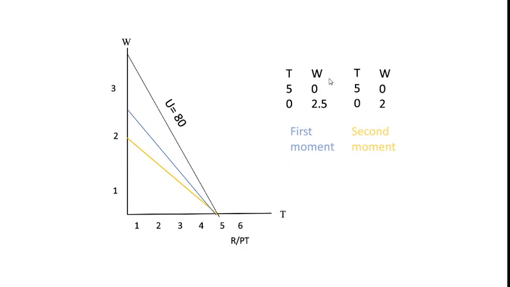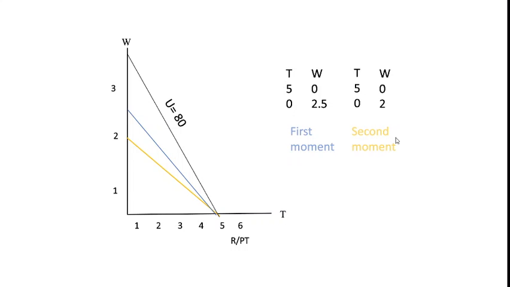Now, in the first moment, T equals 5 and W equals 0 on the blue straight line, and T equals 0, W equals 2.5 on the blue straight line.